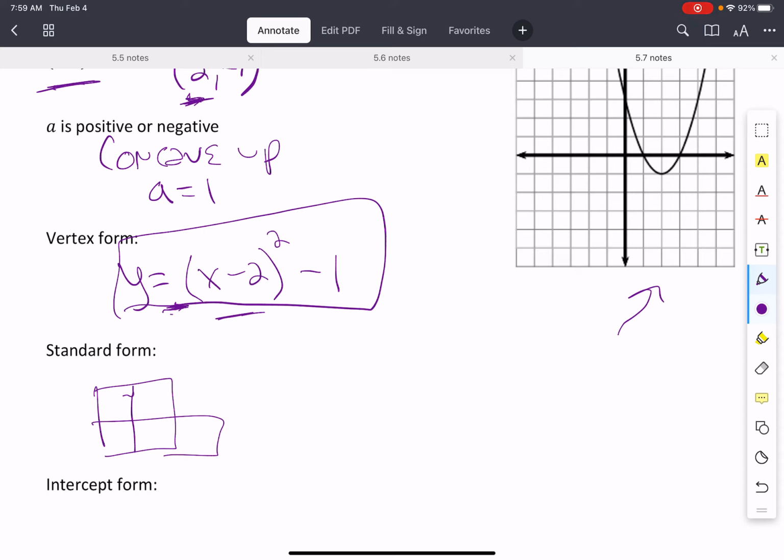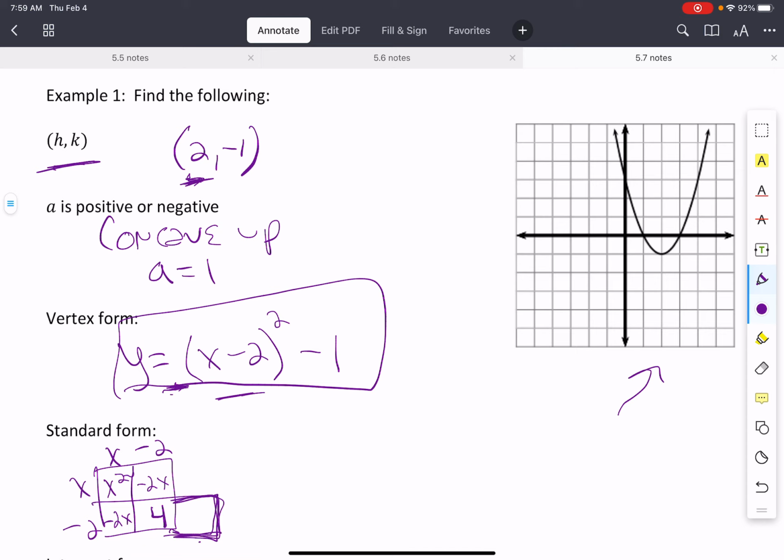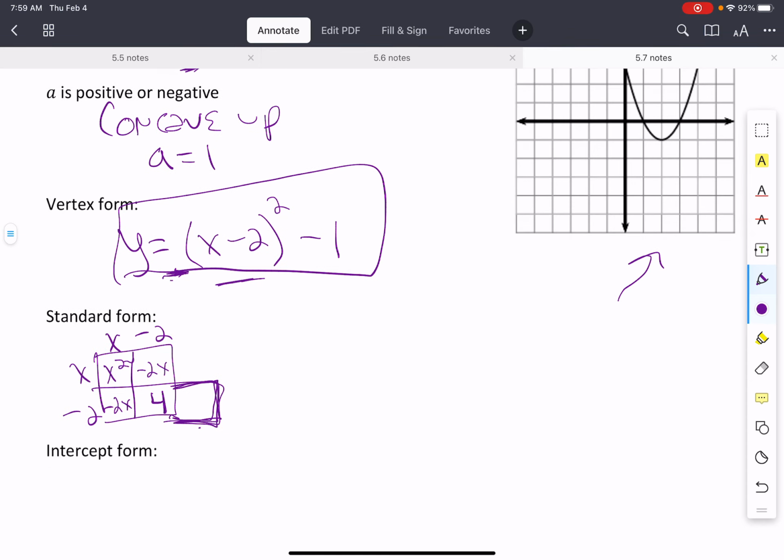Out of the box, good, because those are the factors. Then I multiply it all together. What goes in this extra box? Come on, guys, what goes in the extra box? -1, good.